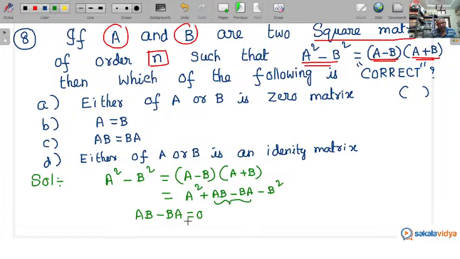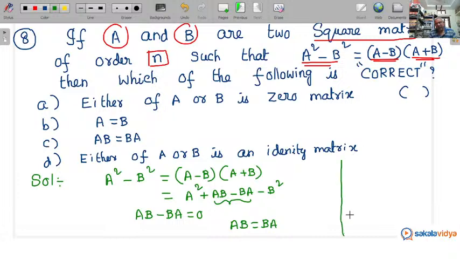Then only we get a square minus b square. This must be O. So take minus ba to this side, so ab is equal to ba. If and only if ab is equal to ba, then only in matrix algebra a square minus b square becomes a minus b into a plus b.